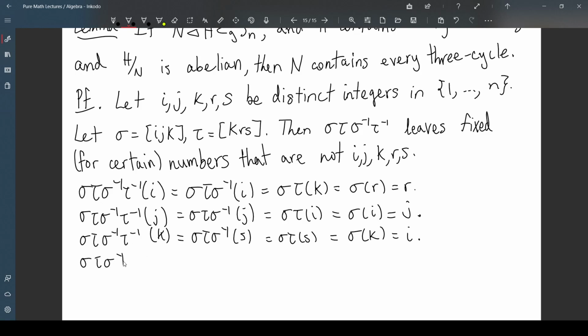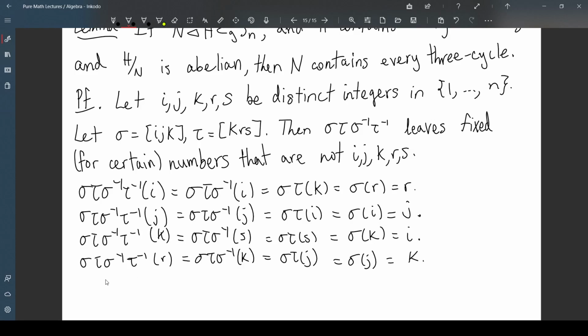Right, we're almost done. Now r: the inverse of tau will send r to k. The inverse of sigma will send k to j. So sigma tau of j. Now tau leaves j fixed, so this is sigma of j, and sigma sends j to k.